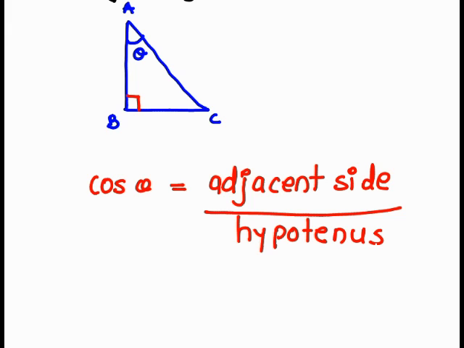So what is the adjacent side for this theta? The adjacent side is this, that is AB, and the hypotenuse is AC. So what we get from this? The cos theta is equal to AB upon AC.